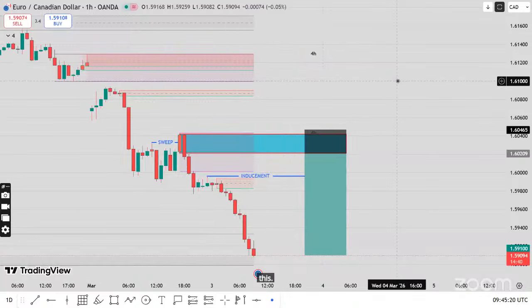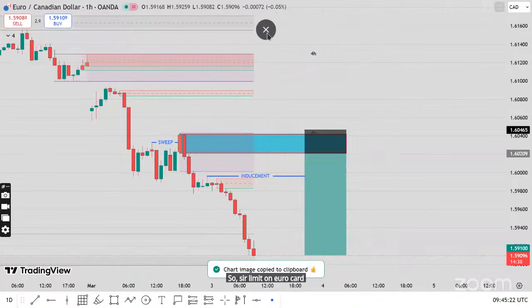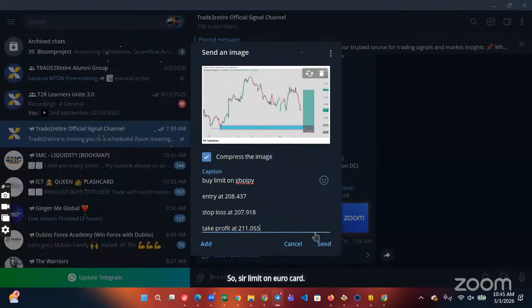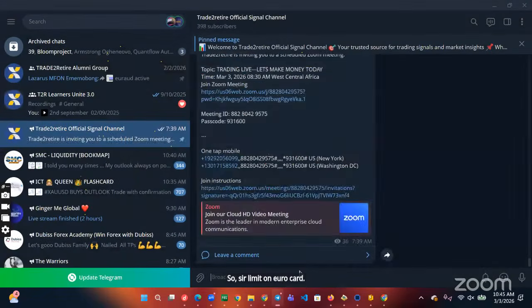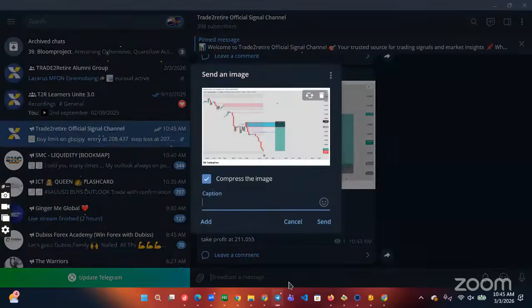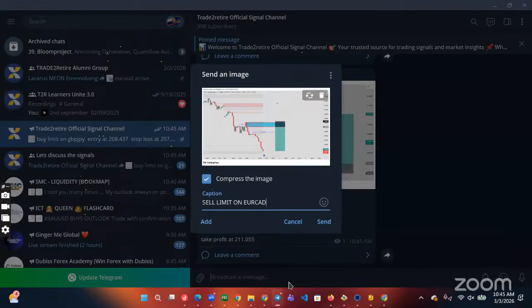So sell limit on Euro Card. So entry at where?